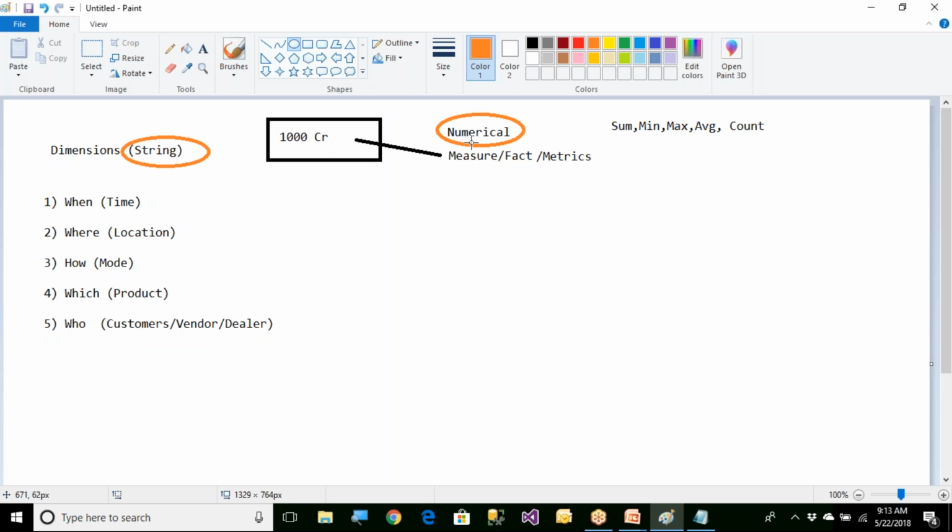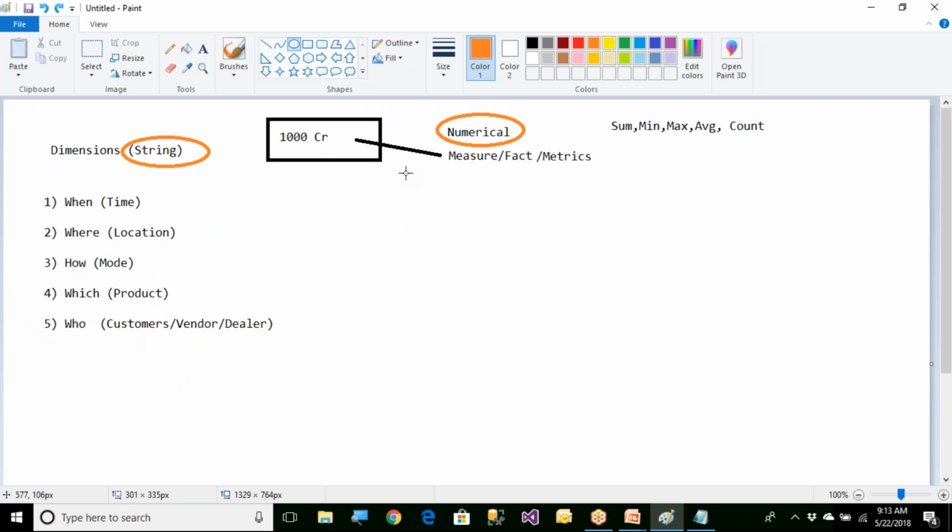All the numerical data will be separated as fact tables. All these tables will have primary keys, and all the primary keys will be foreign keys of this table. Clear? This is what is called dimensional modeling.